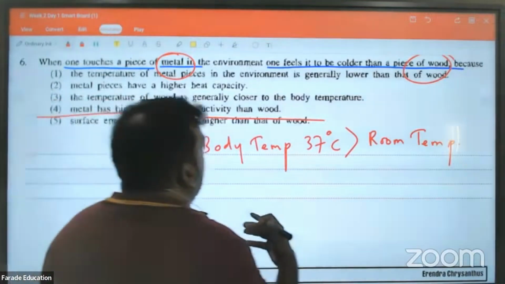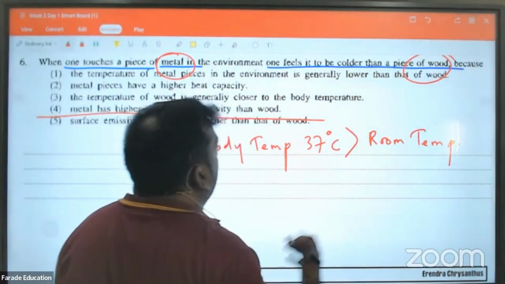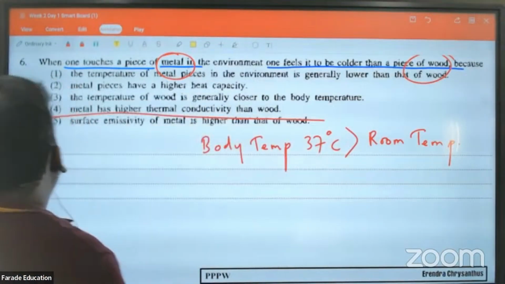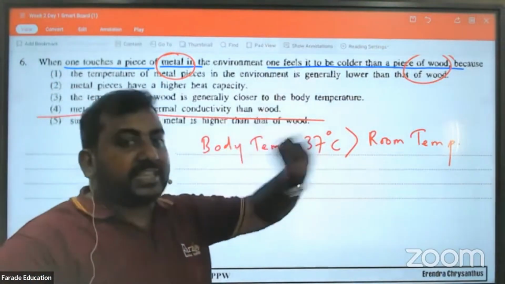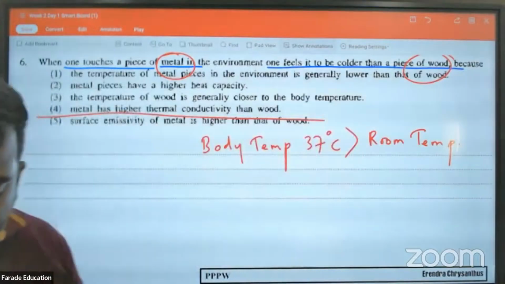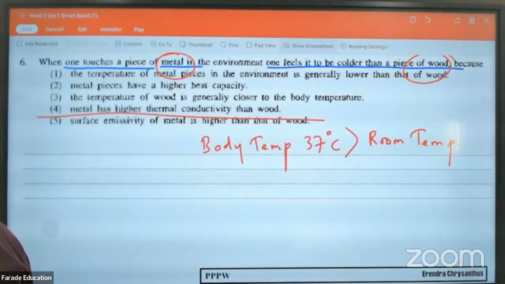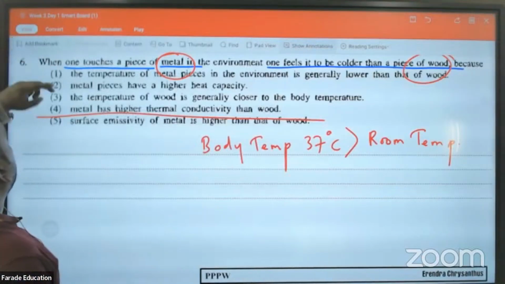This causes the metal to feel much colder, because heat is moving out of our body. Okay? Right.